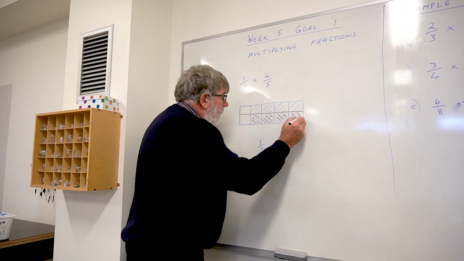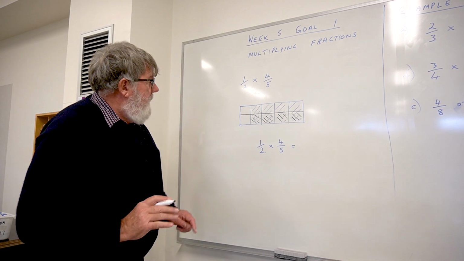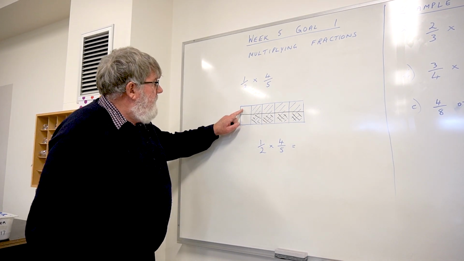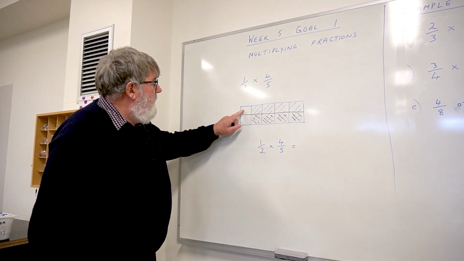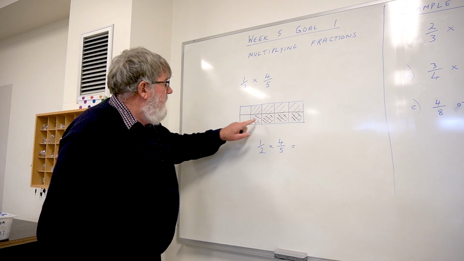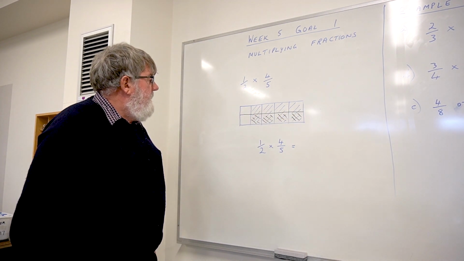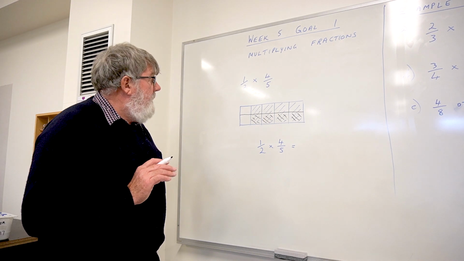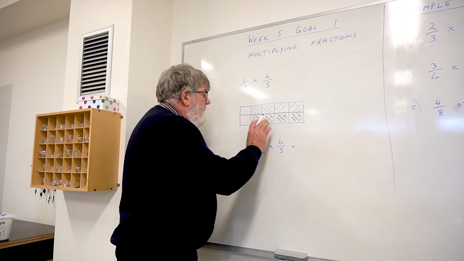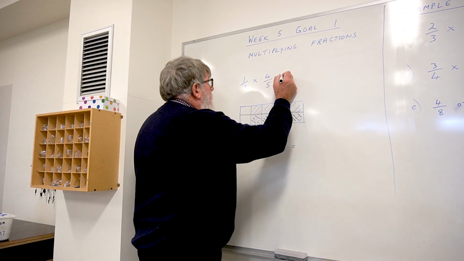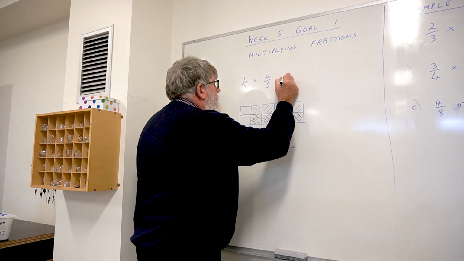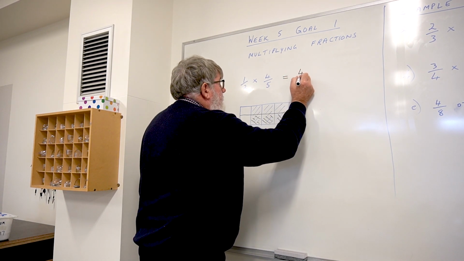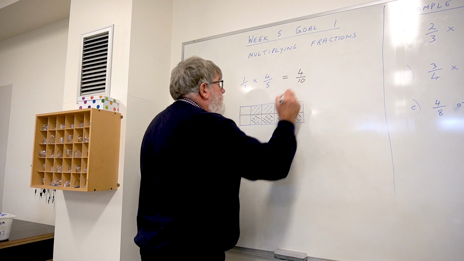So what do I actually have? Well, if you think about it, now our rectangle is divided into 10 different parts. And how many of those parts are shaded? The answer is, of course, 1, 2, 3, 4. So a half of 4/5 is 4/10.